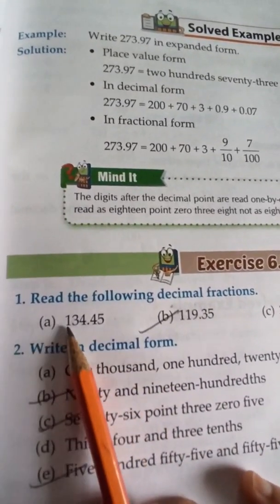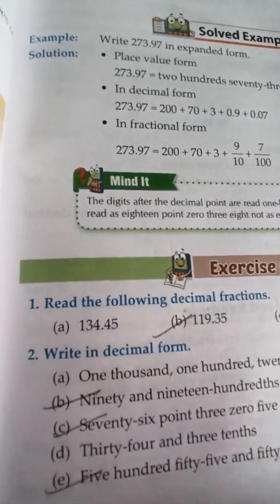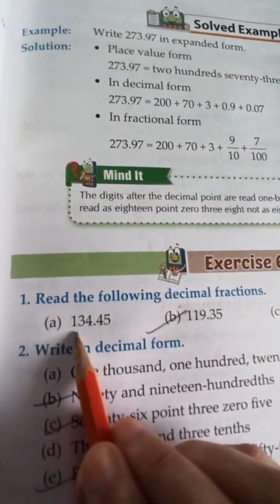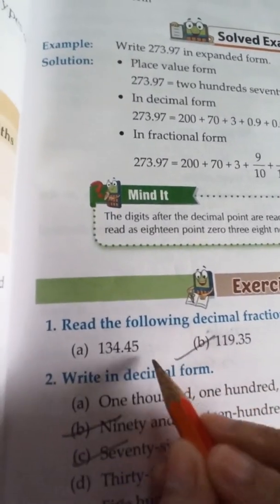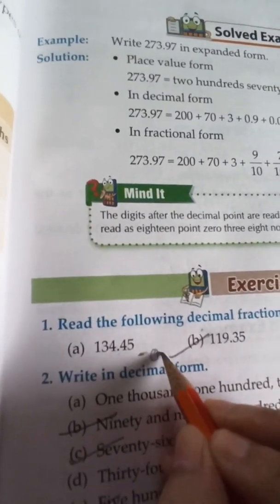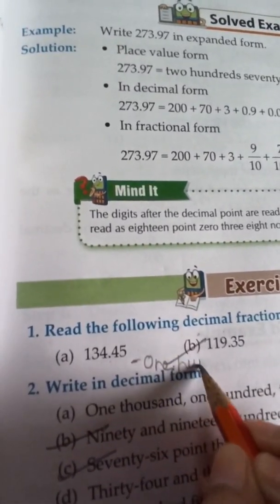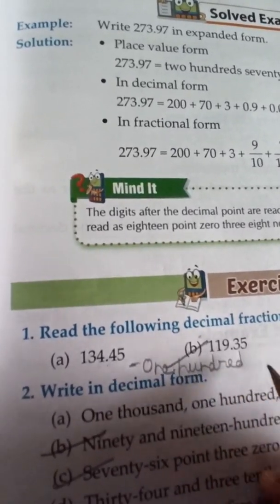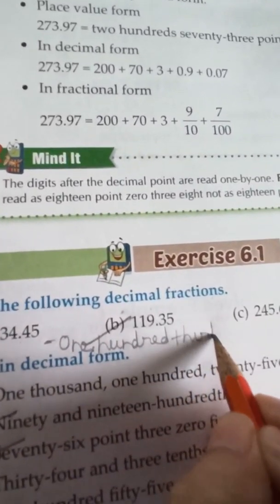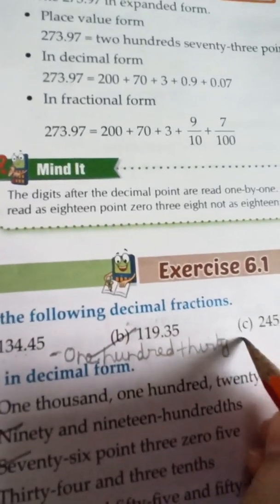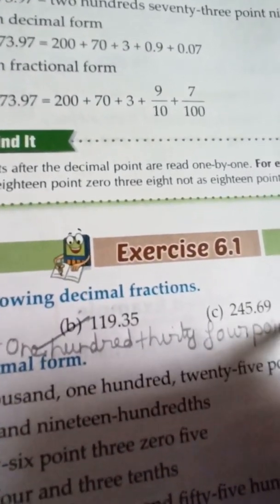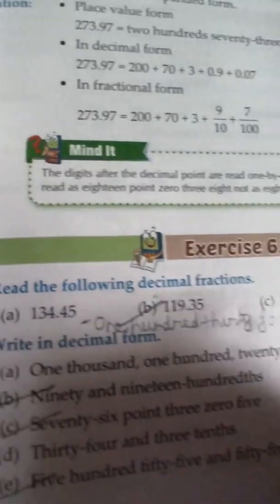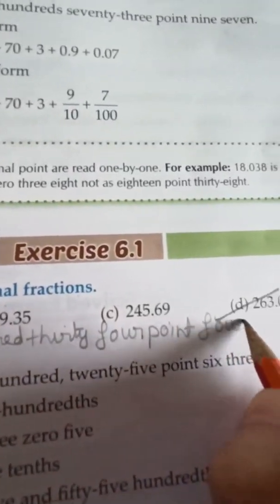So if it is written 134.45, you will write here 134. I will show you how you have to write it. 134 point, and after the point we will not write 45, we will write the digits separately, 4 5.